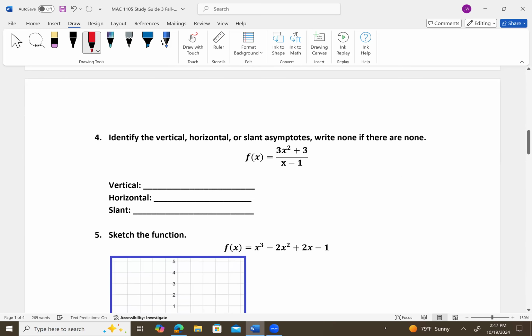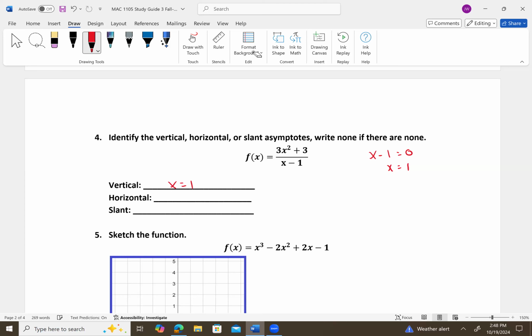Okay, identify the vertical, horizontal, or slant asymptotes. Write none if there are none. For the vertical asymptote, I set my denominator equal to 0, x = 1. For the horizontal asymptote, I look at the degree of the numerator, which is 2, and the degree of the denominator, which is 1.